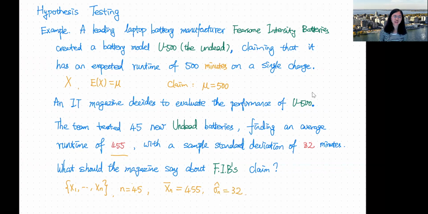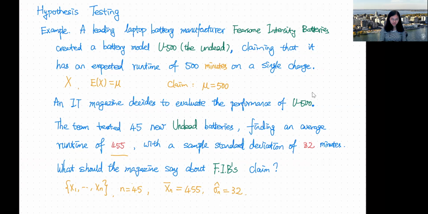So can you conclude that the company overstated the average runtime from this data set or not? That's a question that hypothesis testing is designed to answer. But before introducing hypothesis testing, I want to show you that using the technology that we have learned so far, we can already get some answer to this question.